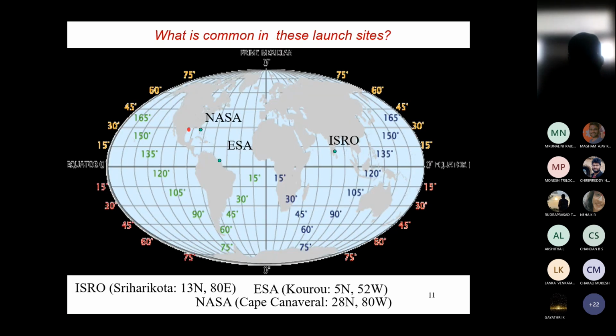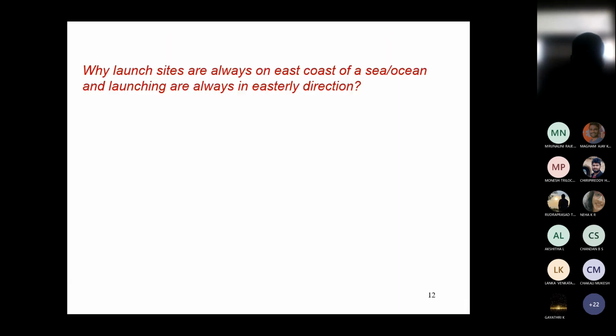Then we had a discussion on a conceptual thing: why the launching pads are near the east side of any geographical area and why we are launching the satellites towards the easterly direction. These are some concepts we discussed in the previous class.